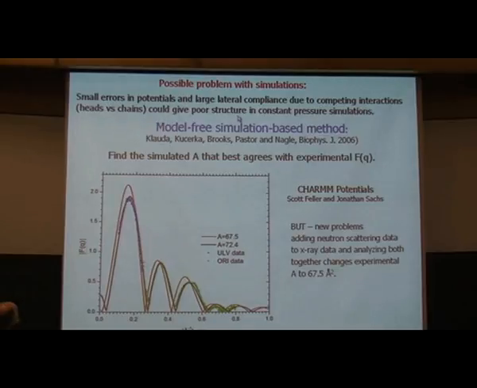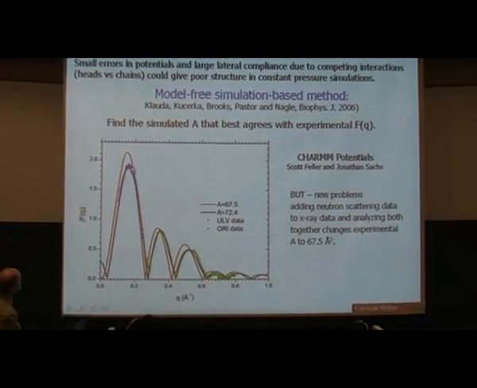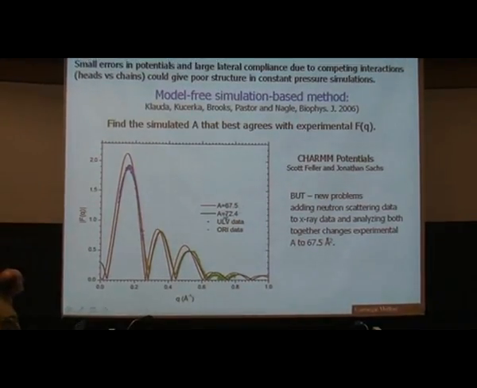We could get poor structure in constant pressure simulations, but what we thought was, let's change the parameters, or in this case, let's change the lateral pressure, or let's change the area per molecule to get the best agreement with the experiment. In fact, when we changed the area from 67.5 to 72.4, the electron density profiles were much better at this one than they were at this one. And so we thought, gee, that really confirms that the area is this.